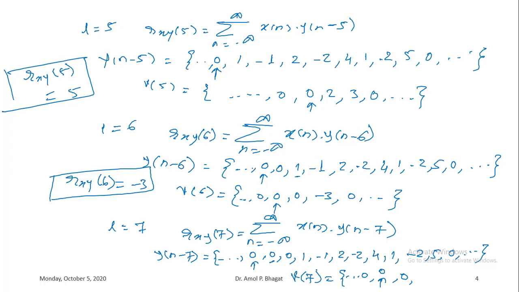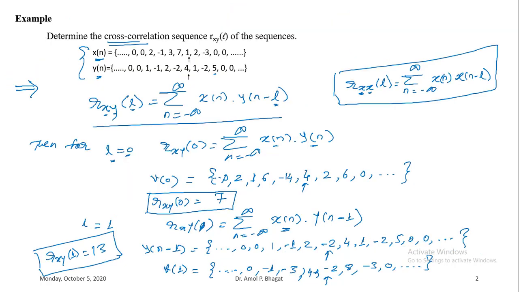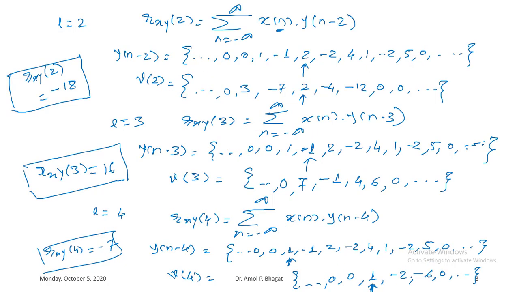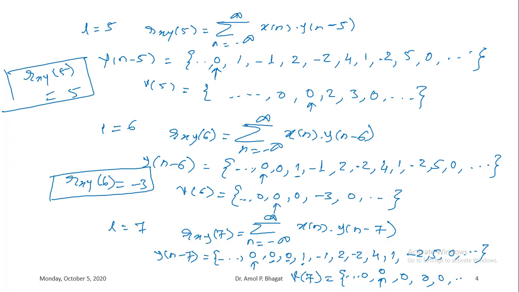At n equals 2, 0 is there, so again 0. At n equals 3, 1 is there, and in this case it is 0, right? So all three values you will get as 0 simply. So rxy of 7 will be 0. So if you identify it for L greater than or equal to 7, all values of rxy sequence you will get as 0, right?